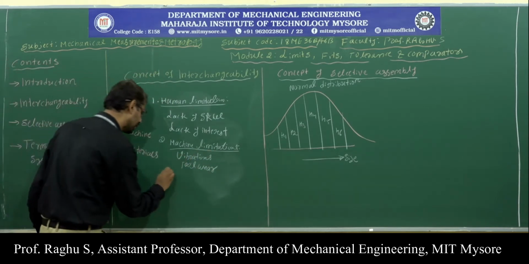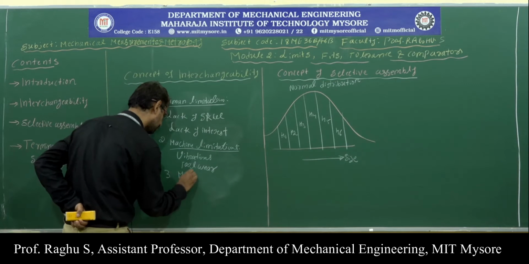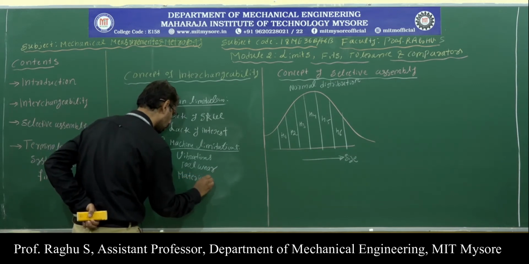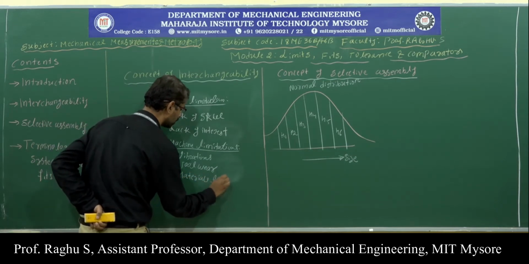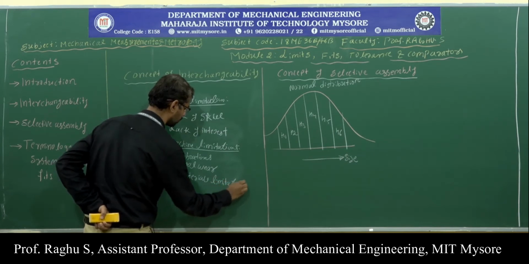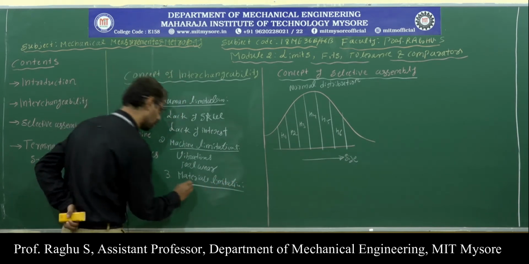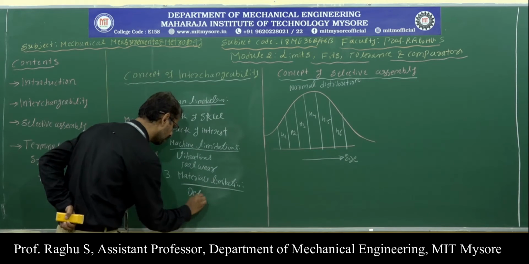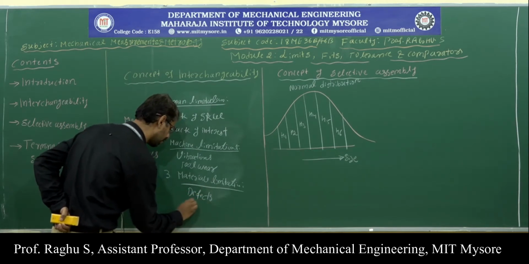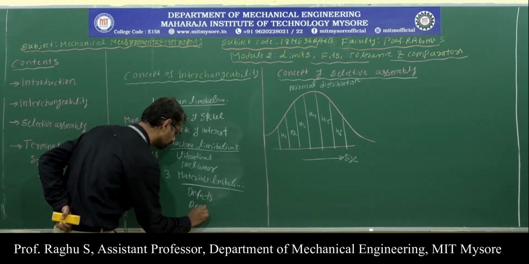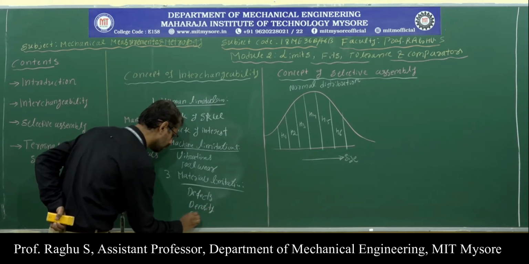Next, coming to material limitations, we have defects in metals and materials, variation in density, and variations in composition.